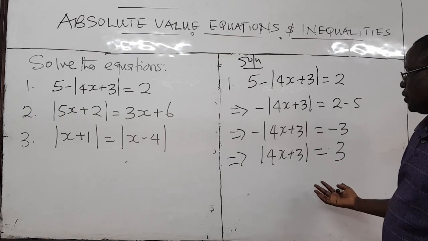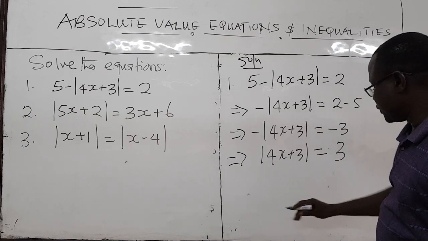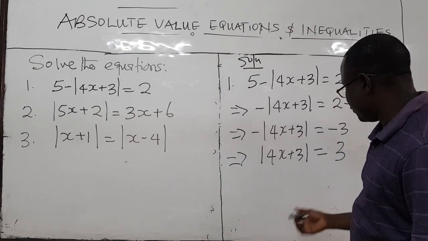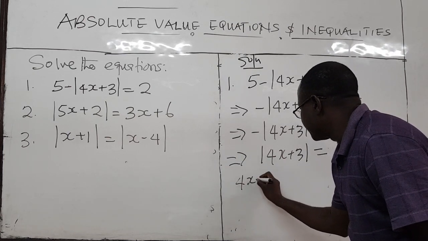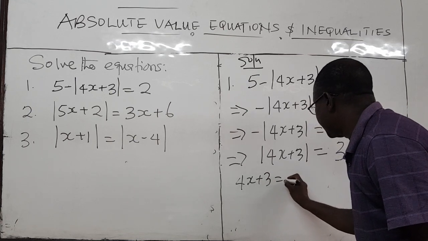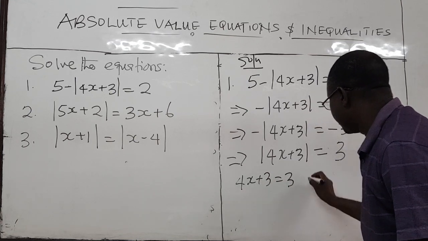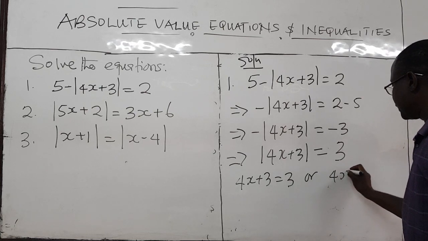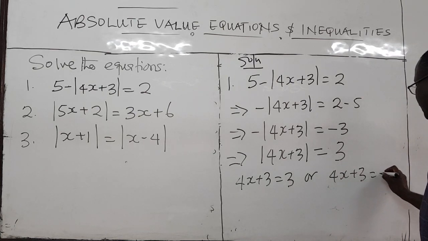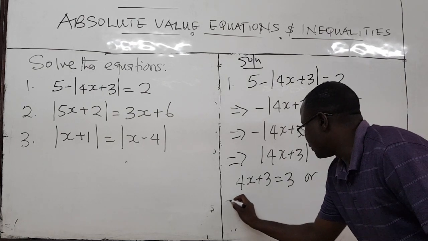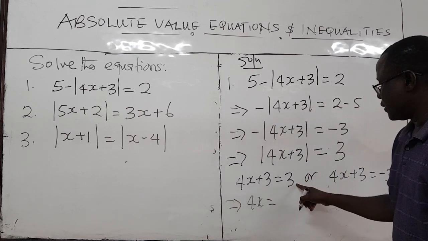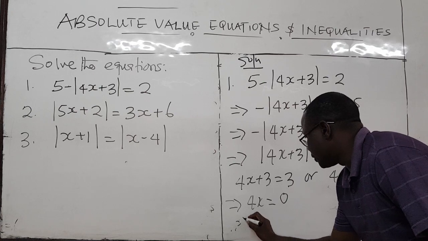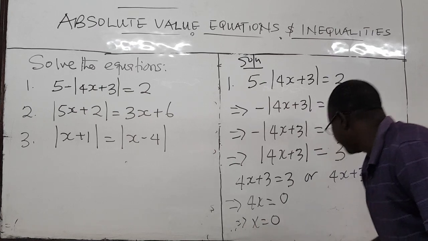Then from here, you can use method 1 or 2 to solve it. So I'm just going to quickly use method 1 and solve it. This implies that 4x plus 3 is equal to 3, or 4x plus 3 is negative 3, which means that 4x is equal to 3 minus 3 will be 0, so x is equal to 0.